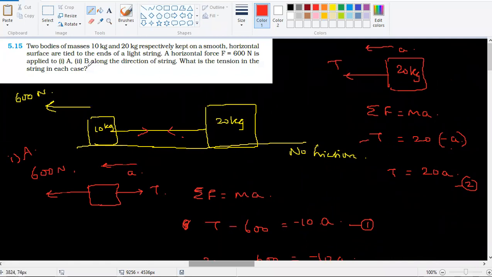The second part, they are asking to do the same thing when you apply the force on this one. You wrote 40 Newton, it's 400 Newton.